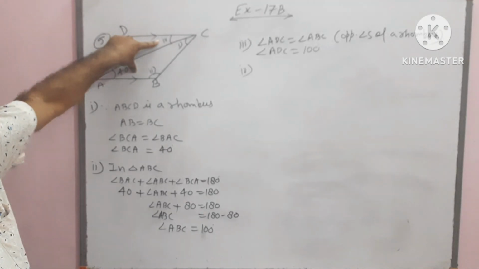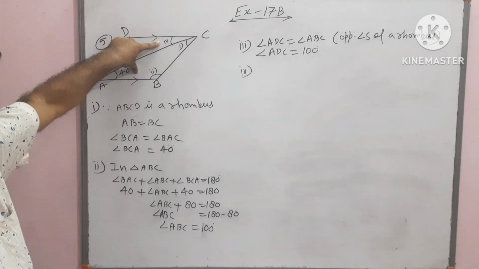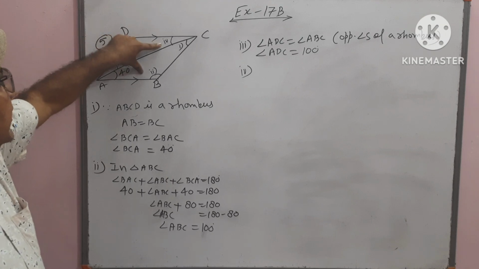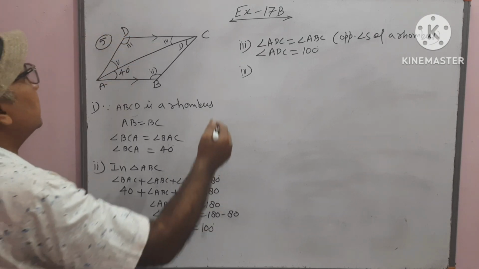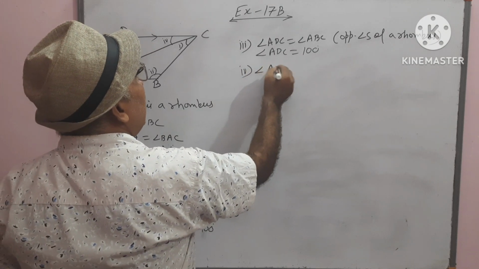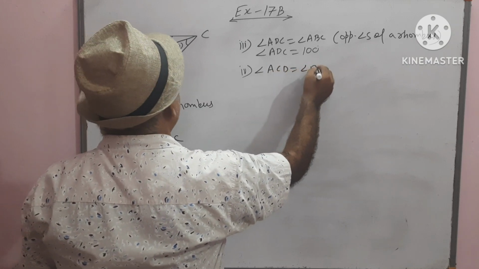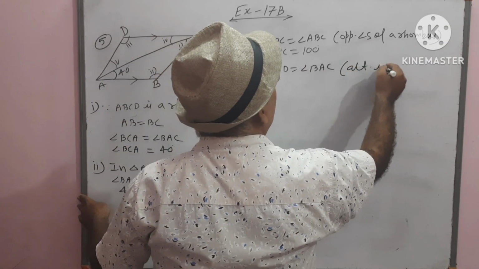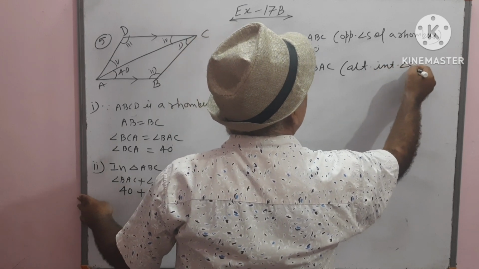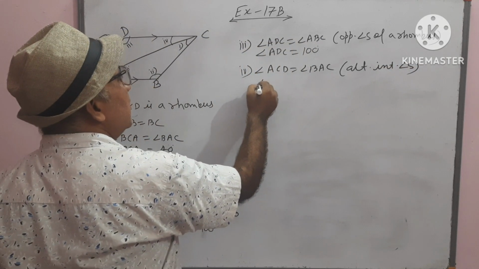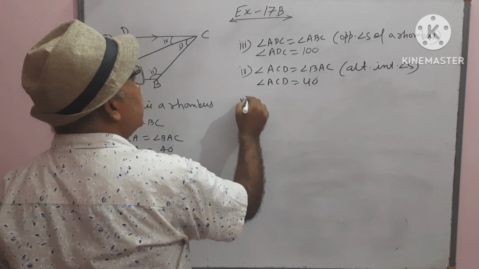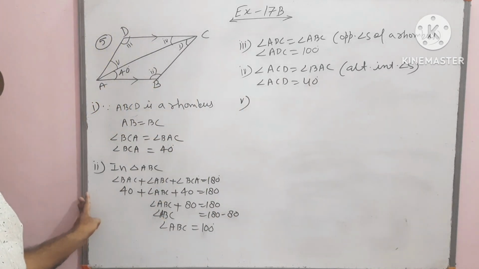And alternate interior angles are equal. If two lines are parallel, then alternate interior angles are equal. That means angle ACD is equal to angle BAC. Why? Because of alternate interior angles.